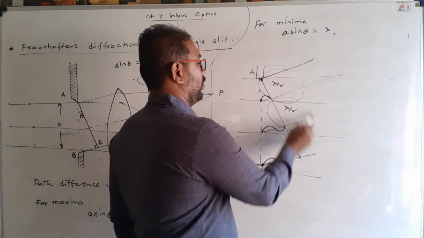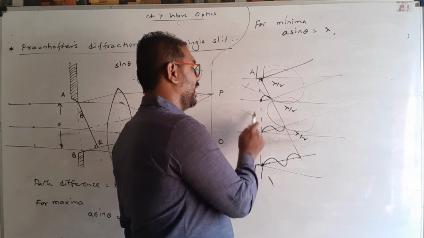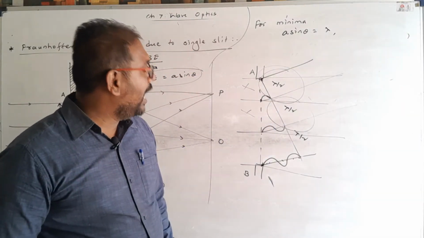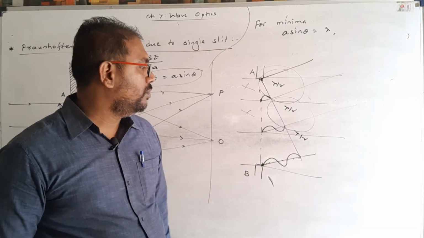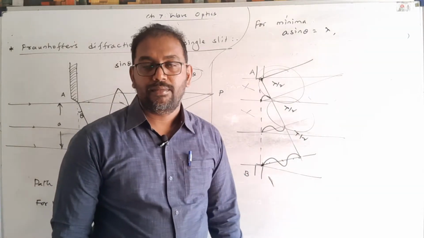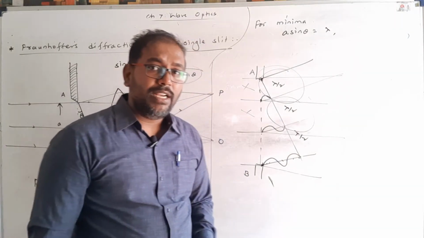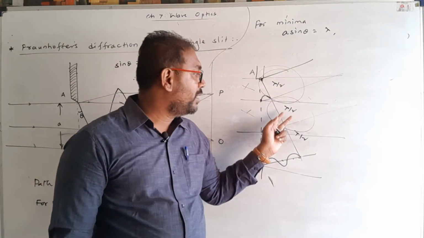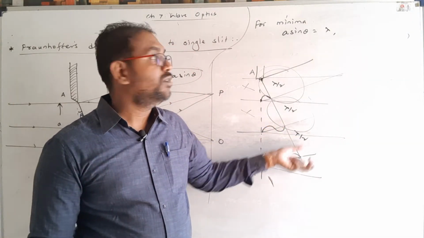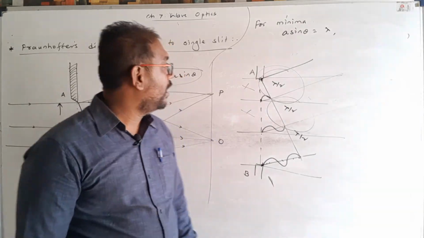So the light wave due to this lambda by 2 and lambda by 2 get cancelled, and the light wave due to this remaining lambda by 2 we get at point P.